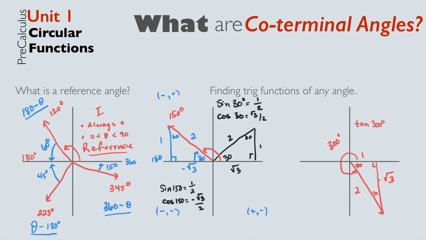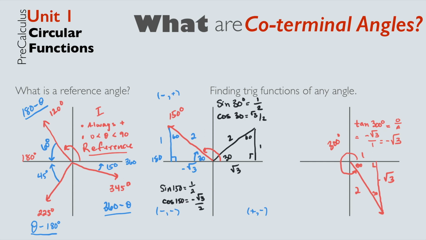Then I would say, well, tangent, from what I remember, is the opposite over the adjacent. We can look at the triangle. The opposite side would be this negative square root of 3 over the 1, and we would just write that in. Negative square root of 3 over 1, or simply put, negative root 3. And that's how we would use that.